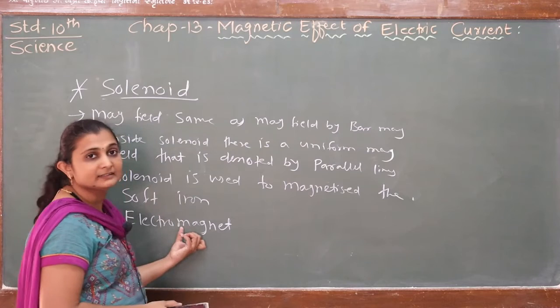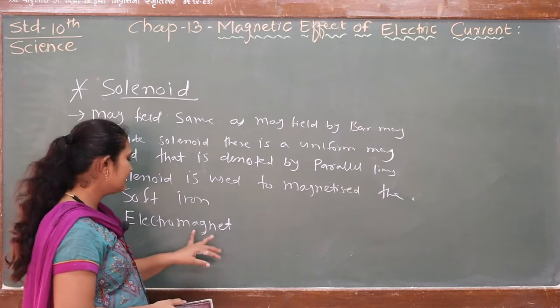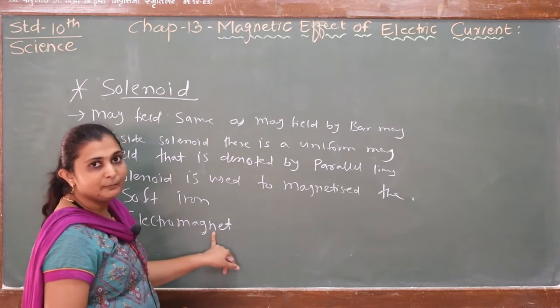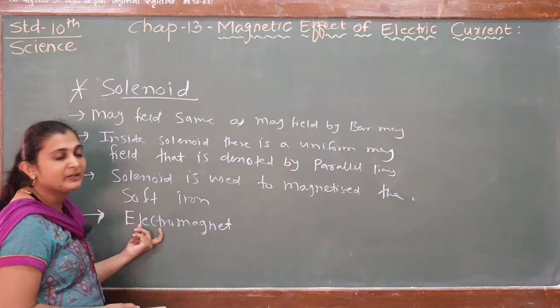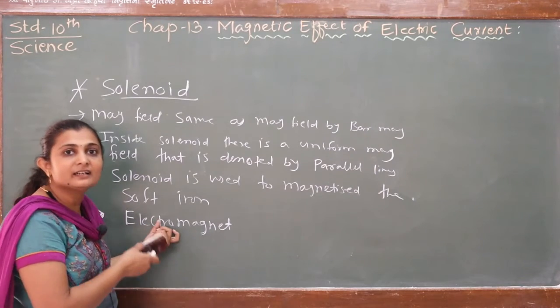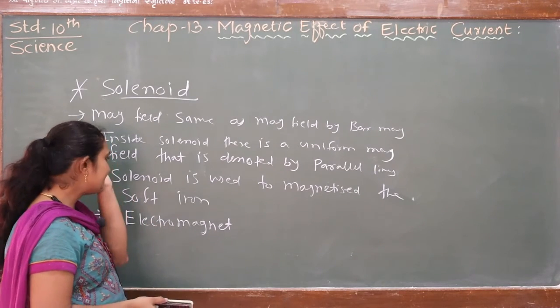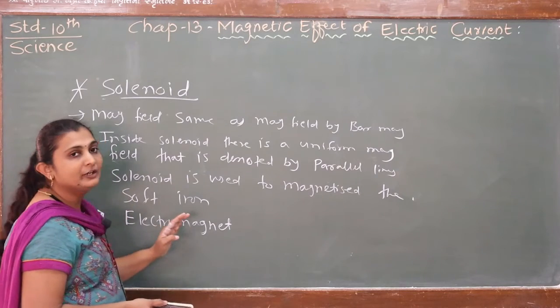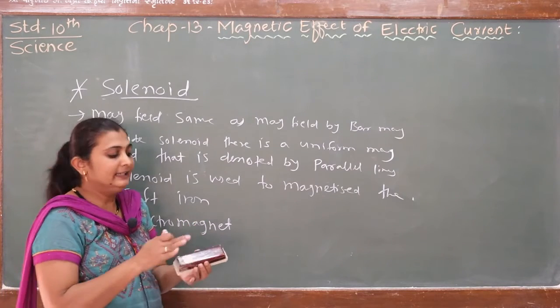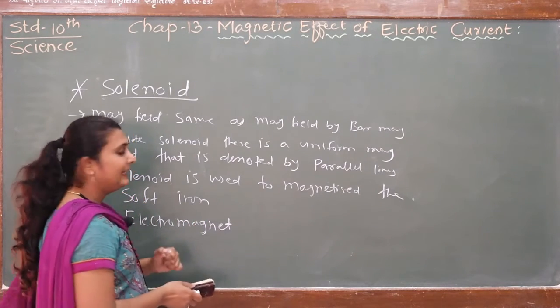That iron is called the electromagnet because it has magnetic properties. And why electro? Because when you pass the electric current through it, it behaves as a magnet. Inside the solenoid, if you put some iron, then that iron behaves as an electromagnet.